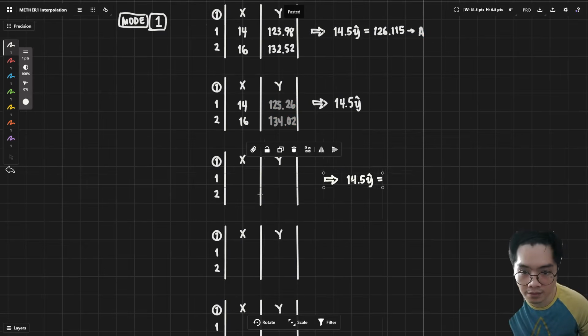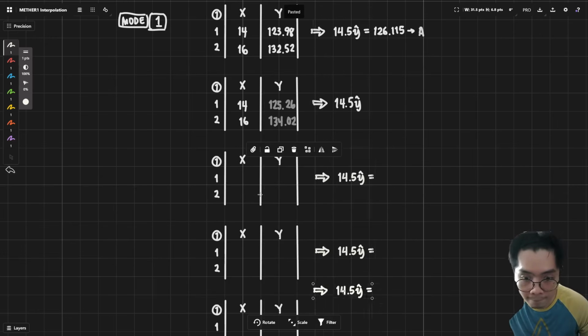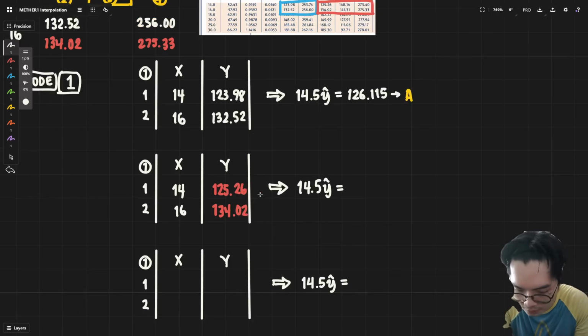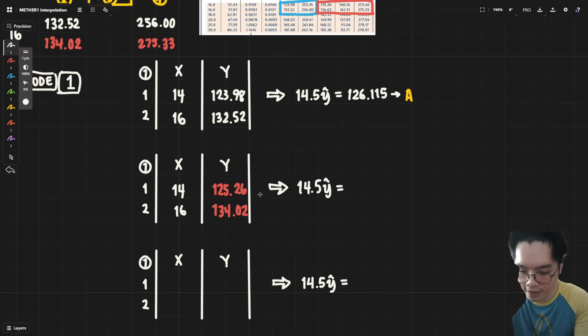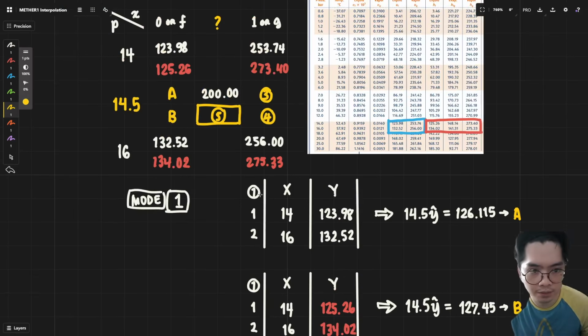In here, you will have 14, 16, 125.26, 134.02. And then you will ask for 14.5 y hat. That gives you 127.45. Let's store that to letter B. So there you go, letter B.